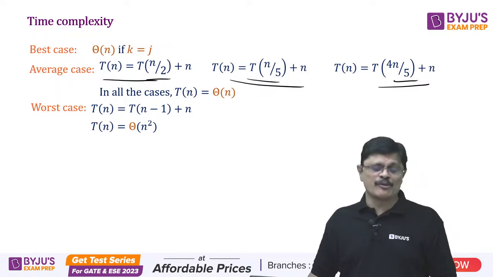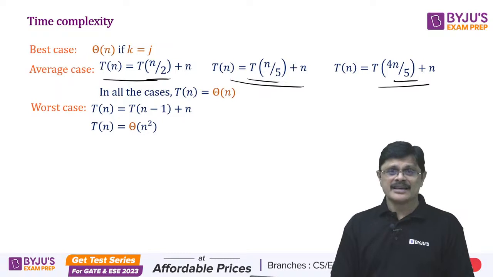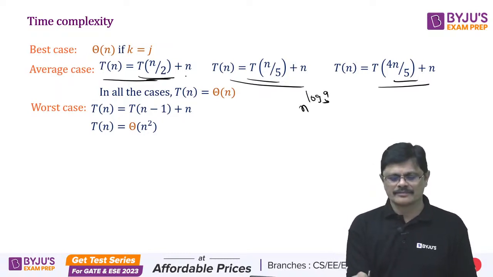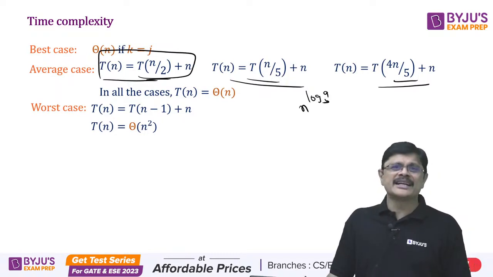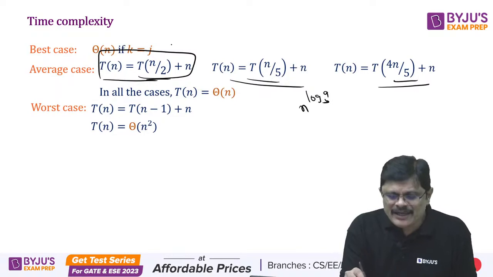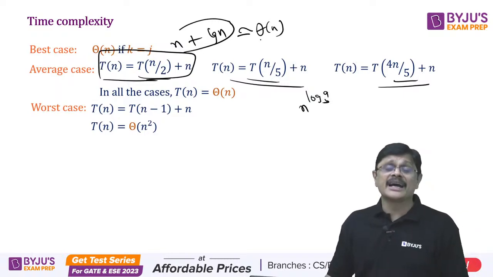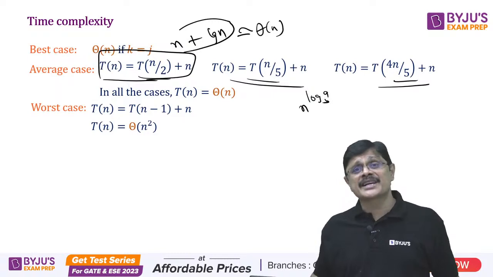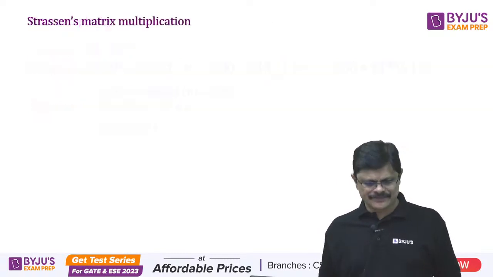So in the best case or average case, the complexity would be theta n, by n to the power log a to the base b, which gives theta n, since n plus log n is theta n. So the kth smallest element complexity: worst case is theta n square, best or average case is theta n.